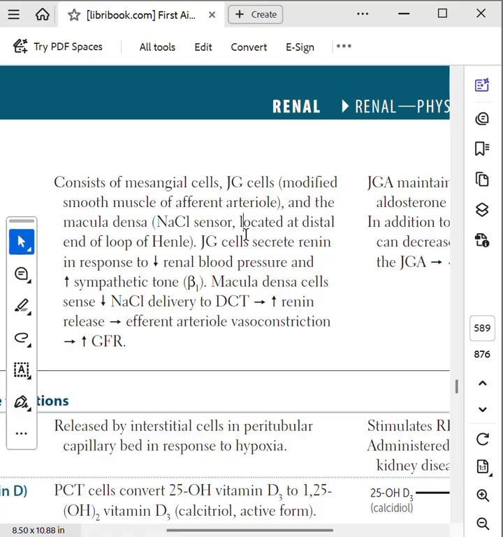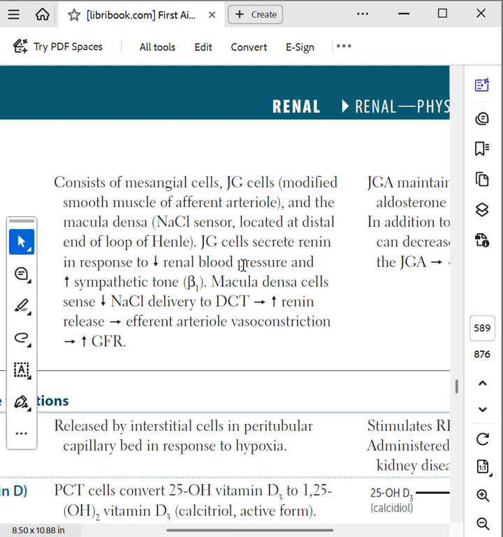So basically, the macula densa is like a sodium chloride sensor. When it senses that the sodium chloride is low and there's low blood pressure, it means the filtrate is passing too slowly. The body needs to conserve the salts, right? So quickly, it releases nitric oxide and prostaglandins, and the juxtaglomerular cells also secrete renin.